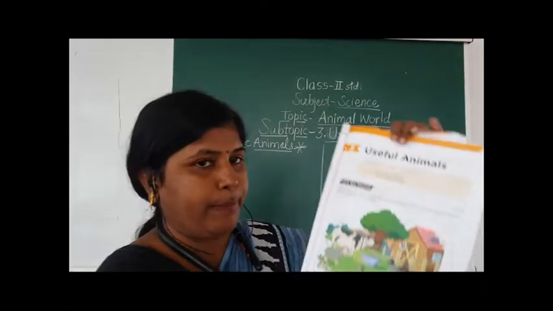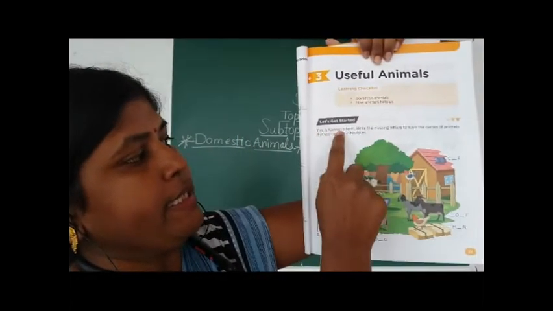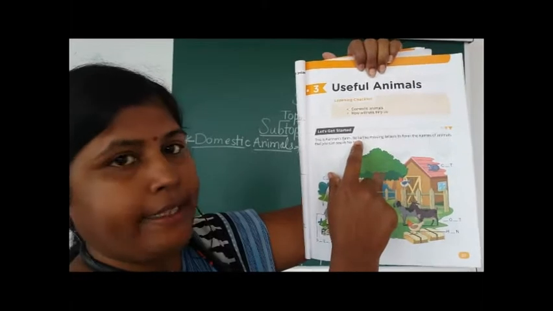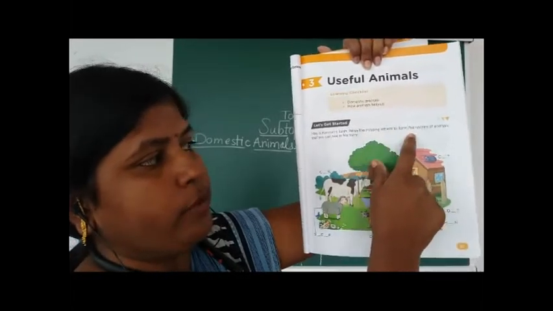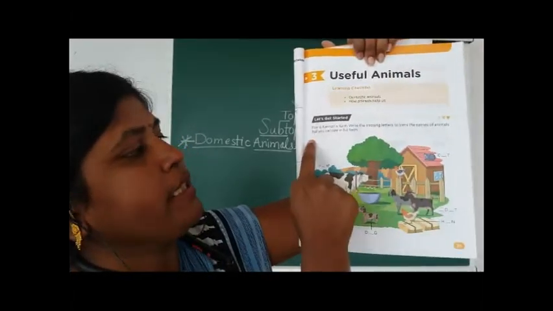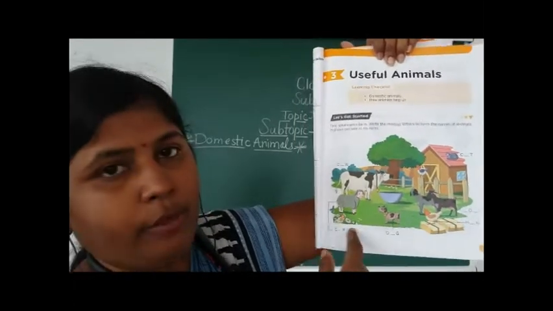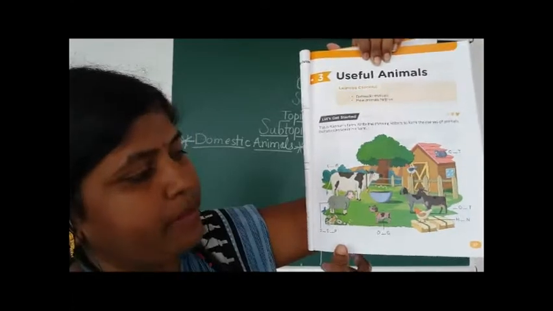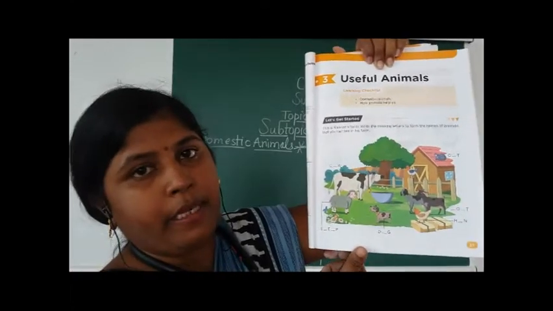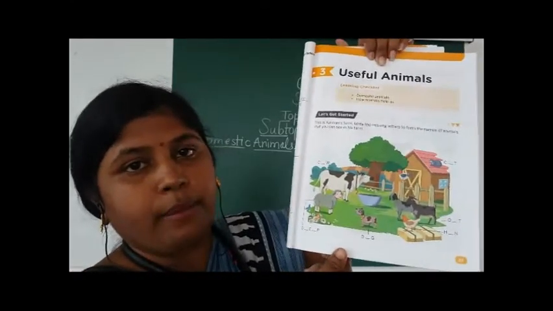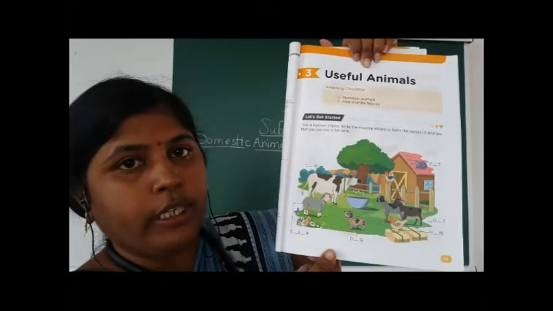Now look into your book. This is Kanal's farm. Write the missing letters to form the names of animals that you can see in this farm. Now see, it is a picture of a farm, and in this some animals are there and the names of animals are written there, but some letters are missing. So we have to complete this spelling.